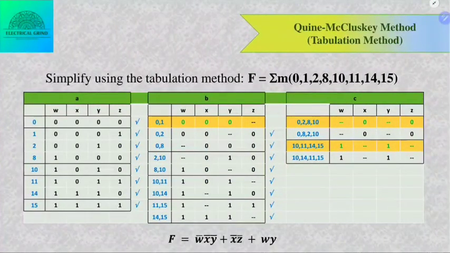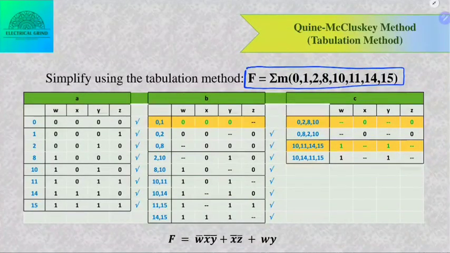So in this example we have been given this function. Firstly we will write the variables. Here I have used w, x, y and z. We can also use a, b, c, d as the variables. On the column side we will write w, x, y, z, and on the first row we will use the decimal equivalent of the given minterms.